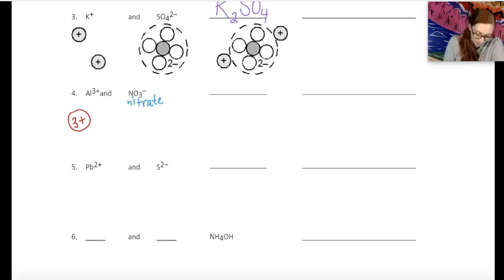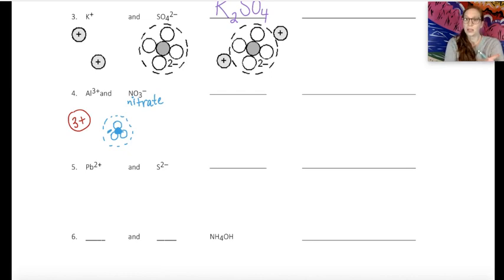So I'm going to draw N with 3 O's on it. It doesn't really matter how you do it, but I'm going to go solid in the middle and white circles around the outside just because it's simple and it matches the one that's already there. Then I'm going to put my little dashed circle around the outside of that. And then somewhere inside of my circle, I want to show that that whole thing has a -1 charge.